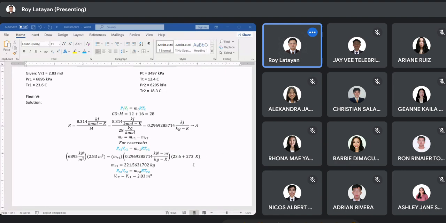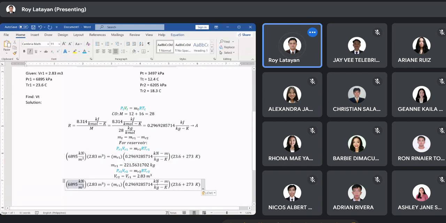Tapos, simply substitute. And so this is 6205. This is 2.83 again. R natin is the same.